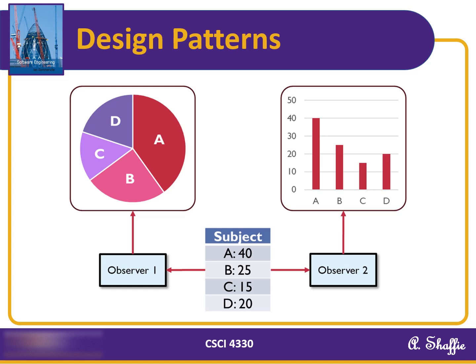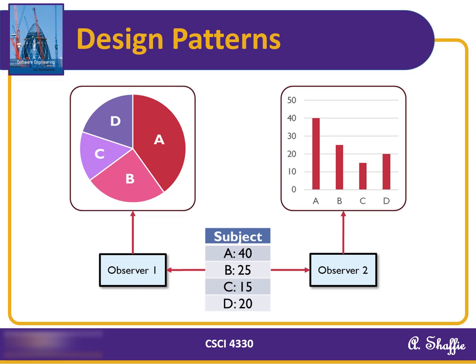The subject stores the state, which is the data, and notifies its observers whenever the data changes. When an update occurs, both observers automatically receive the updated state. Each observer processes the state and updates its respective display format.